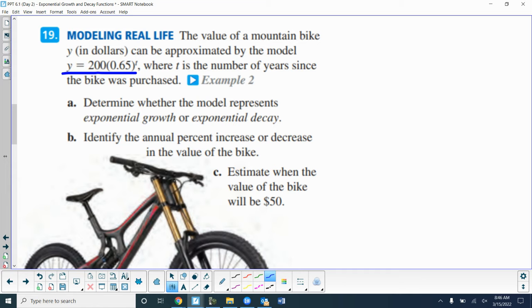Why is it decay again? Right, the 0.65 is what we look at. That's between 0 and 1. It says identify the annual percentage increase or decrease. So you just go 1 minus 0.65 to figure that out, which is 0.35. So what percent is that?